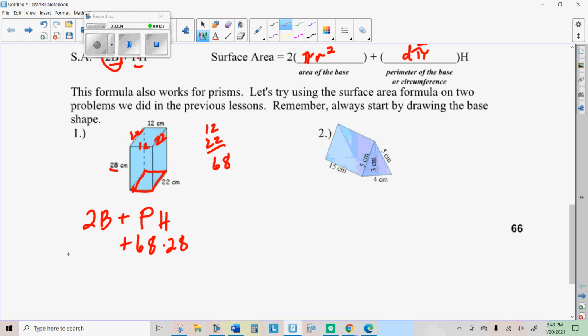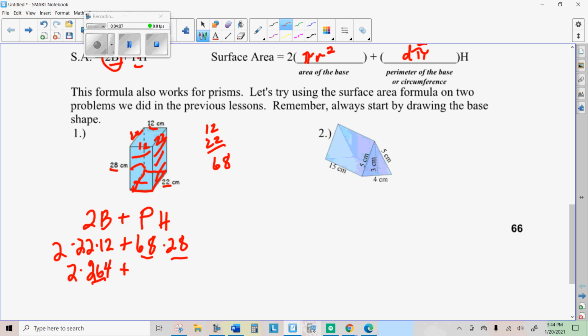And then we need two bases. To get the base, we're going to take 22 times 12. But there's two of those. So 2 times 22 times 12, which is, I think, 264 for each base. And then we have the lateral area, which we get by doing the perimeter times the height, which we have here.